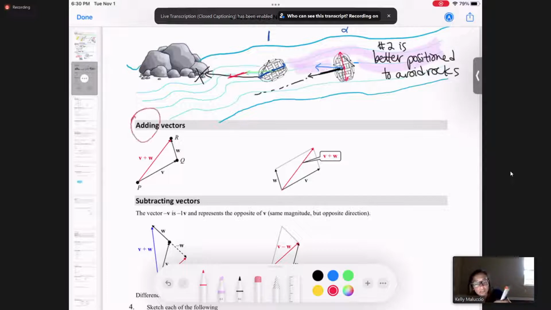So now if we're looking at adding vectors, maybe I'm given vector V, and I'm given vector W, and V is going in this direction, W goes here. And V plus W, if I want to add these, it's going to be from the starting point, if you're starting with V, to the ending point of W. If we draw this, I was showing how the vectors were shifted above.